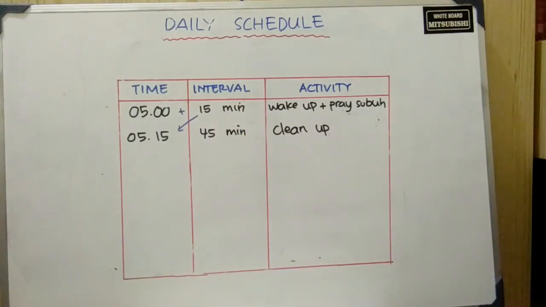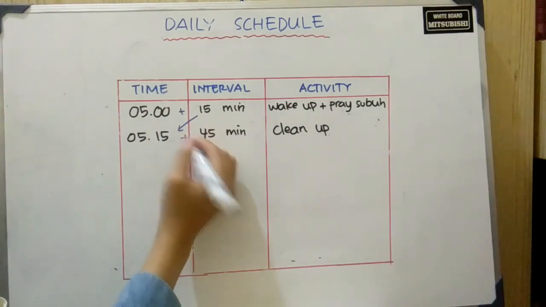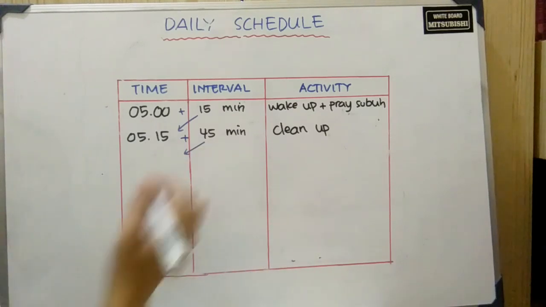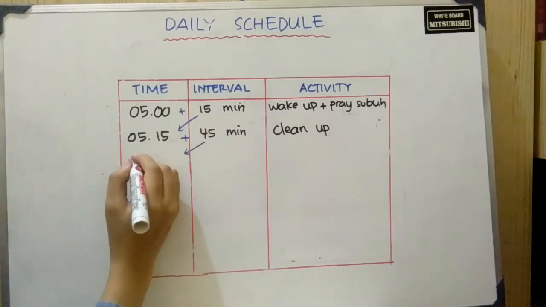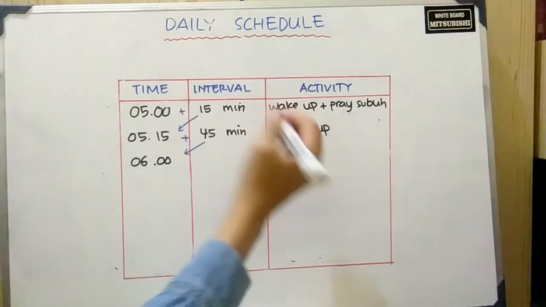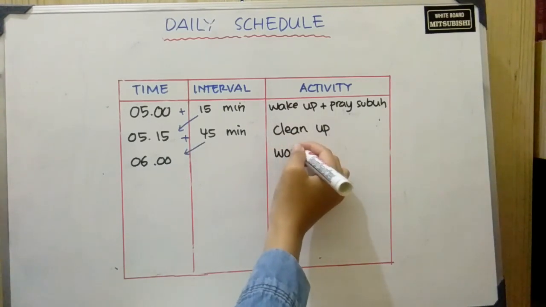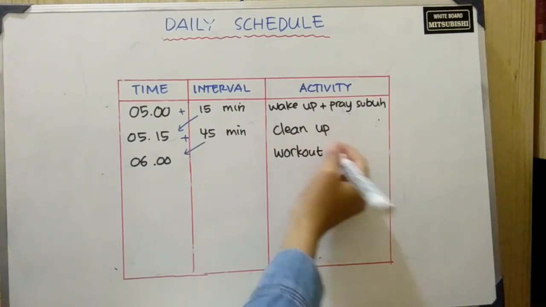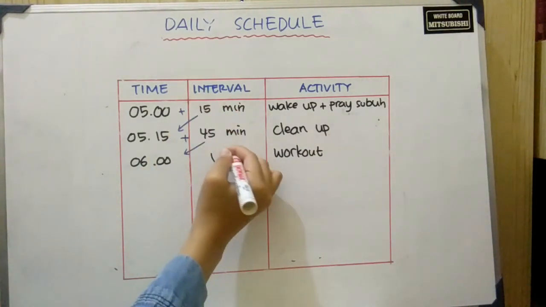For the next activity, 45 minutes after 5:15, so we add 5:15 and 45 minutes. So we start at 6 o'clock for the next activity, that is workout. We estimate the workout may be 1 hour.